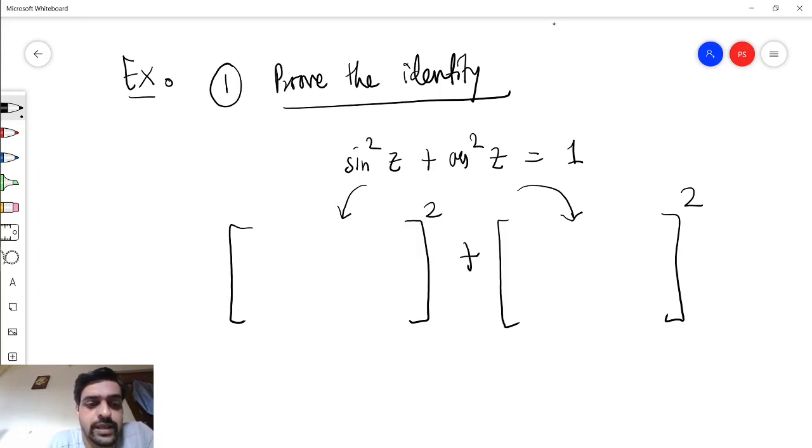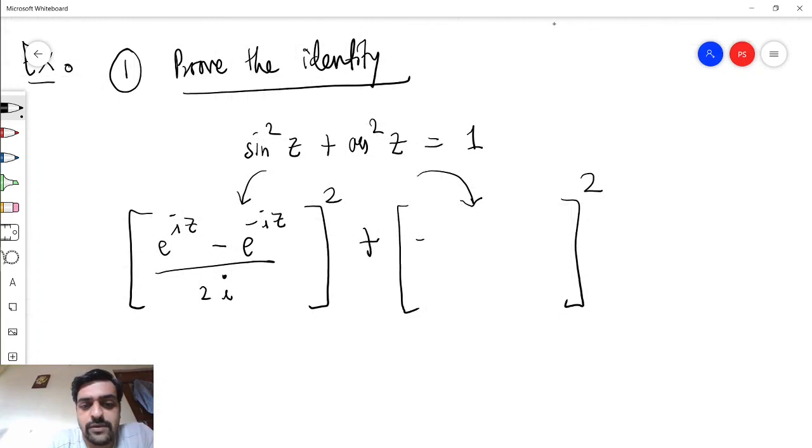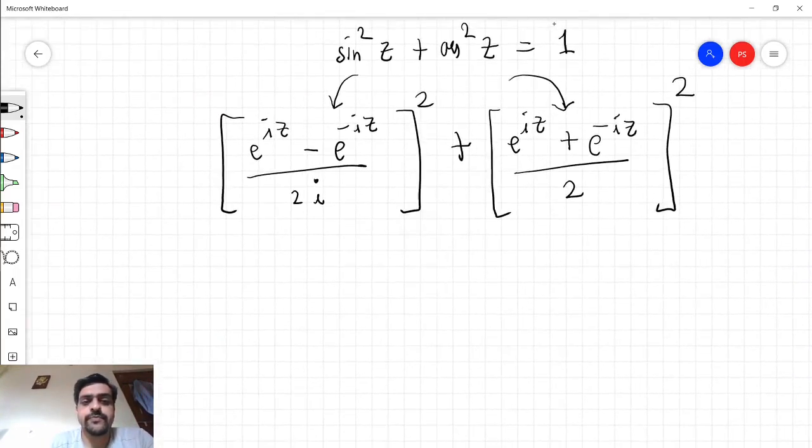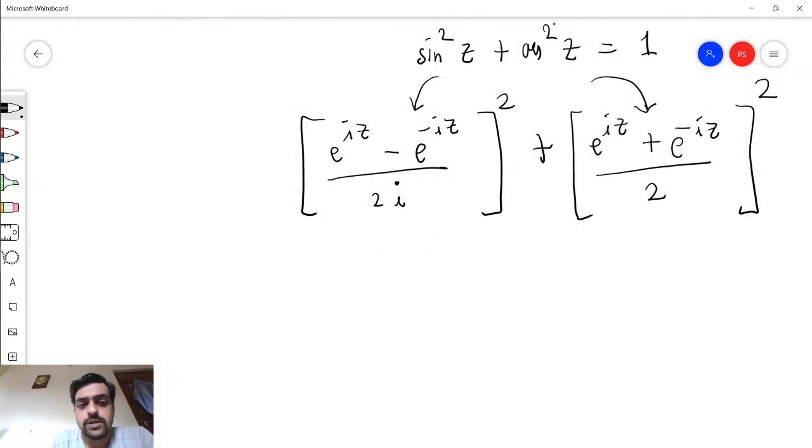So let us just try e raised to iz minus e raised to minus iz upon 2i, and here we will have e raised to iz plus e raised to minus iz upon 2. We have to take square of numerator in both these square brackets.